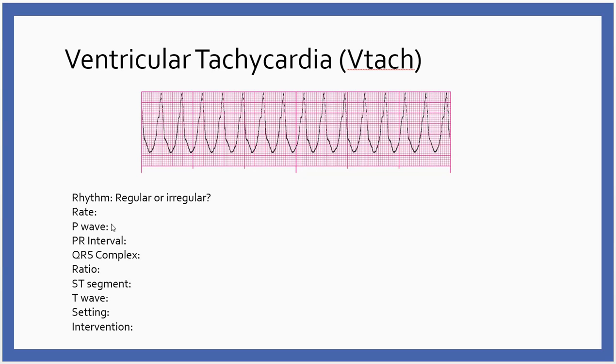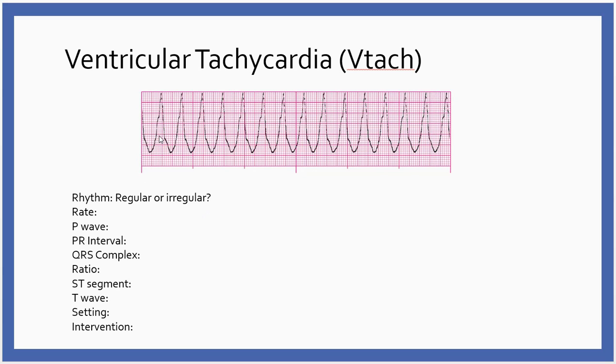P wave, there is none. This is a foci that comes from the ventricle, and so we don't have a P wave. Sometimes the SA node will attempt to be firing off too, and we may see a P wave weirdly kind of in the bottom of the T wave, or maybe smashed up against a big wide complex, but no P wave. So ratio, we don't have a P wave.